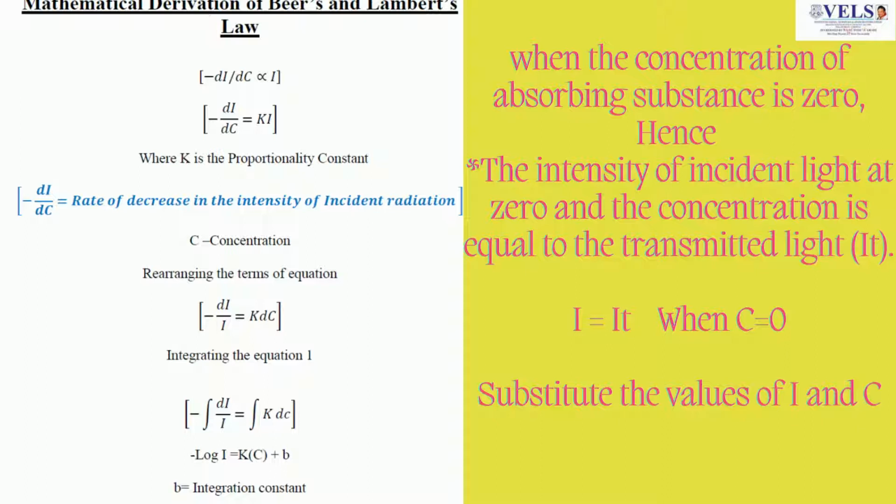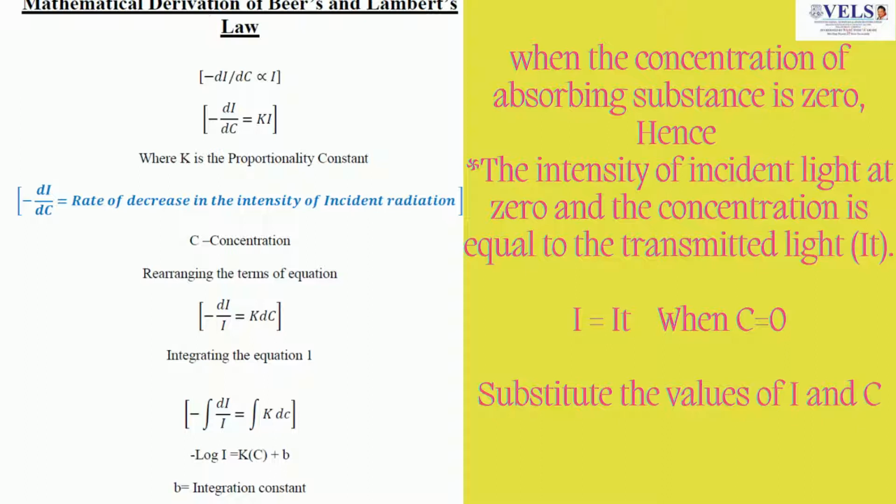Adding the proportionality constant, minus dI by dc equals k times capital I. Here minus dI by dc is the rate of decrease in the intensity of incident radiation, and c is the concentration. Rearranging the terms, dI by capital I equals k times dc.